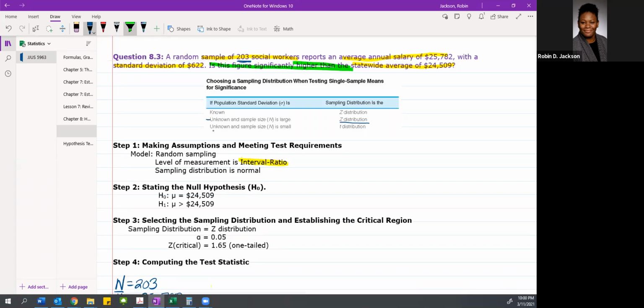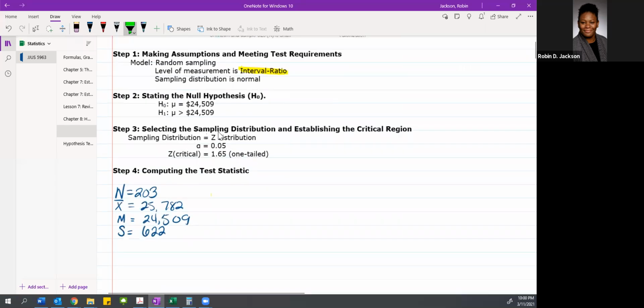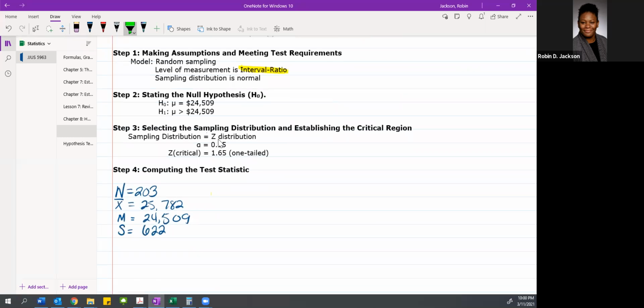When I went through and walked through this and figured out this is the one we're going to use, that let us know we need the Z distribution. For what we're working on right now, I believe I set all of these to the alpha of 0.05.